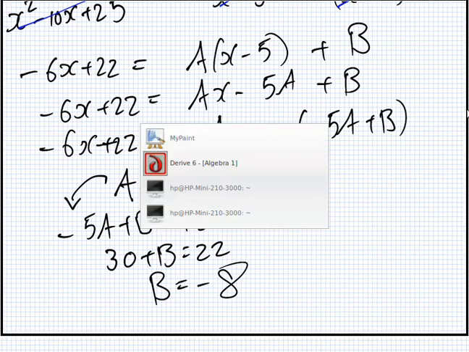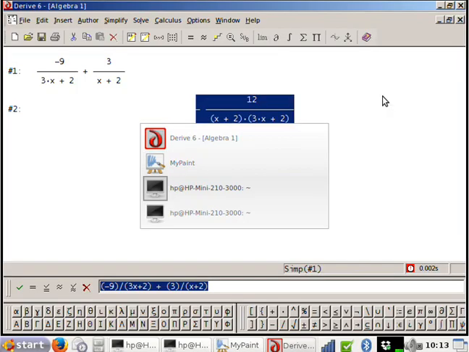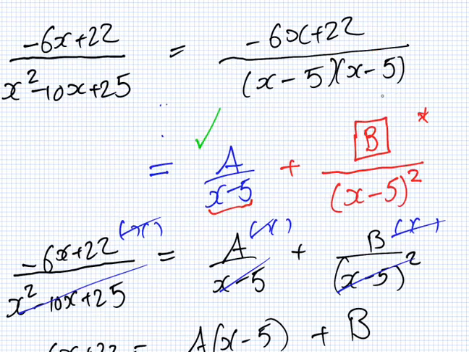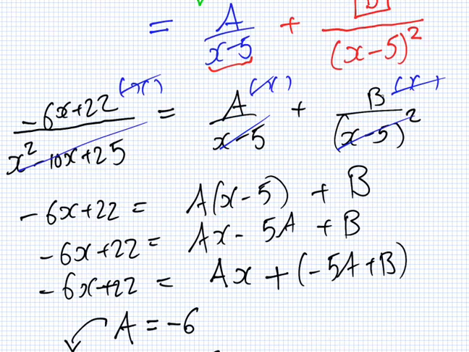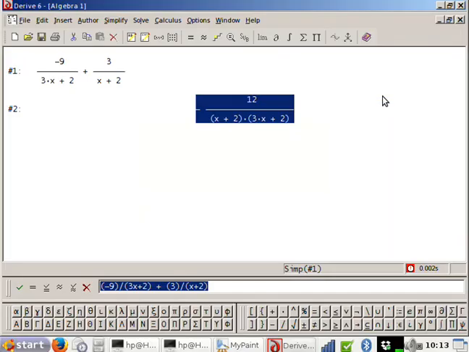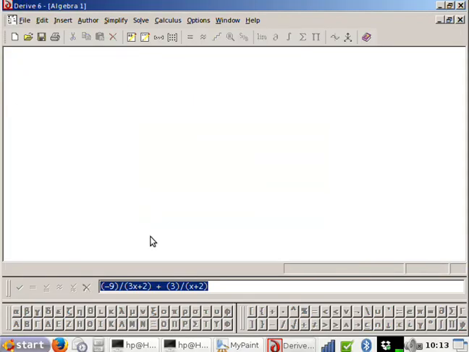Okay, I'll just switch screen for a moment. Well, actually, before I do, remember earlier I said we have our B here, and this seems to work, and it does work, but I have to talk a little bit more about my choice of B here. You notice that in my denominator I had the same thing twice.